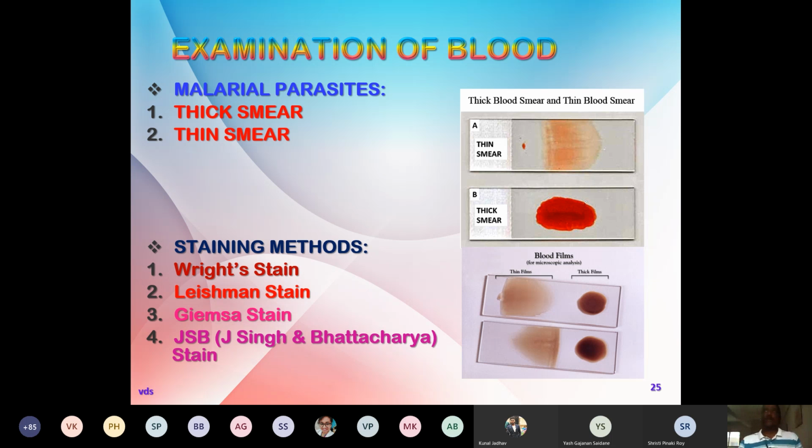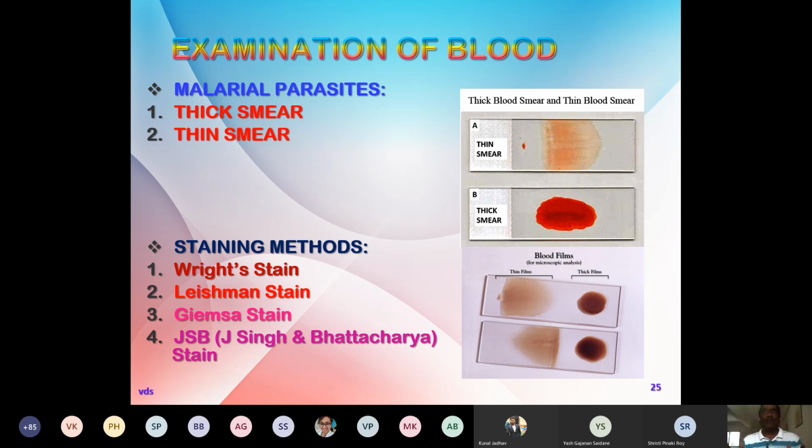The significance is that the thick smear is prepared to detect whether a parasitic infection is present or not, particularly microfilaria in filariasis, or the malarial parasite. We may not be able to identify the particular species of Plasmodium in the thick smear.